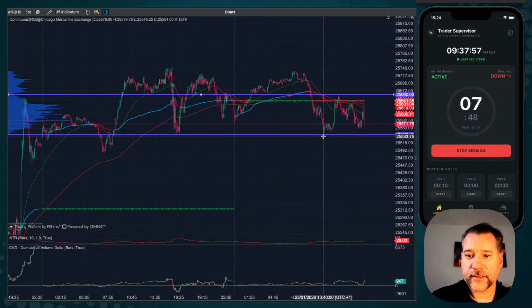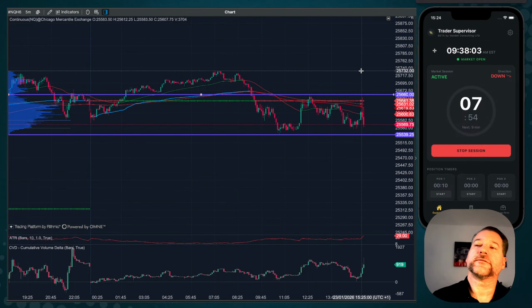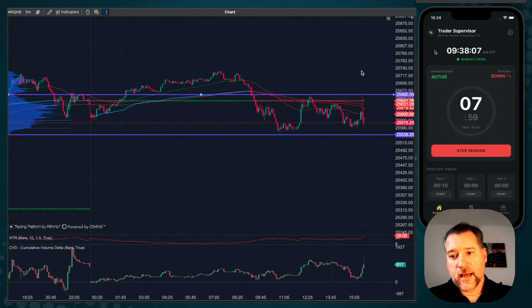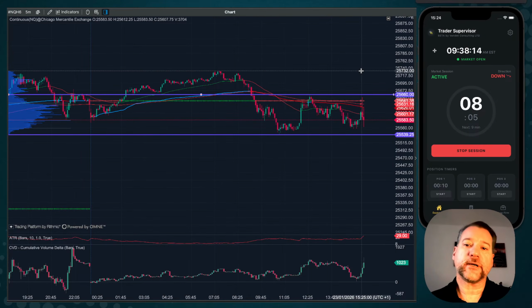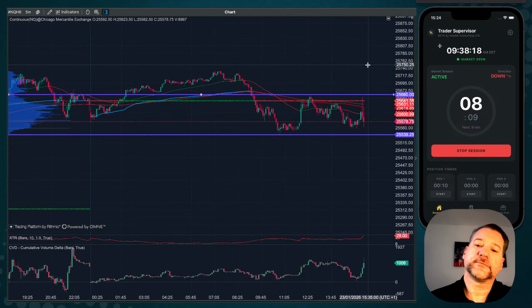Now I can say the price is going lower. I'm still waiting. My clock is saying it's been 8 minutes since the market opened, so I still don't have a clear bias. Look, can you see? It's come bouncing back upwards.